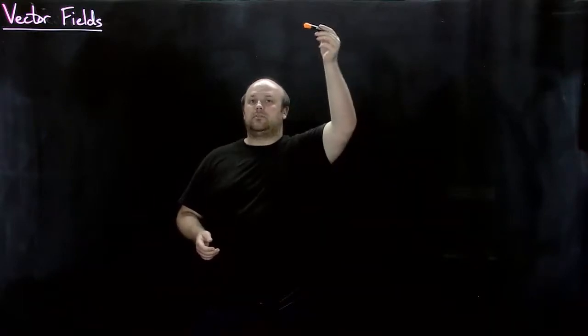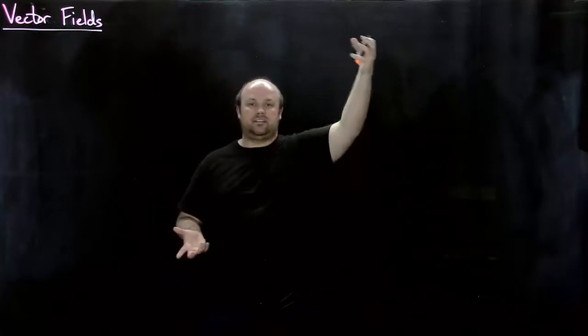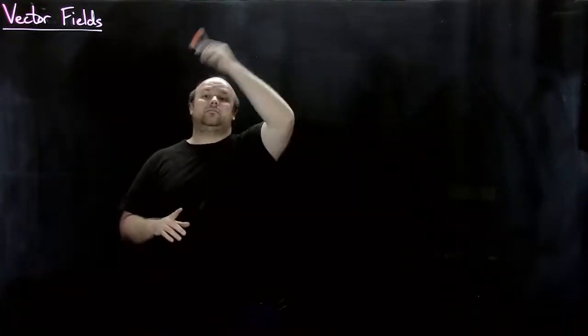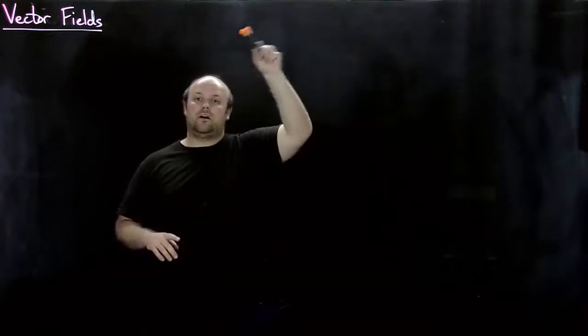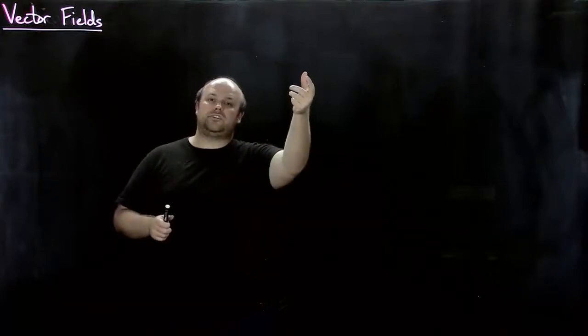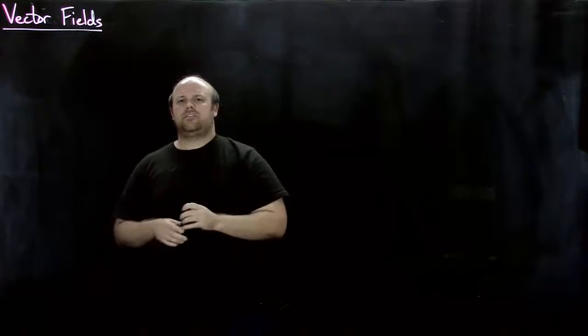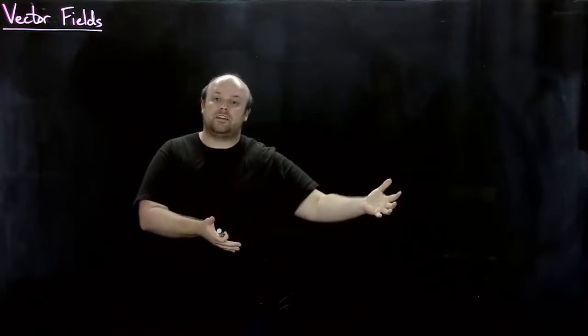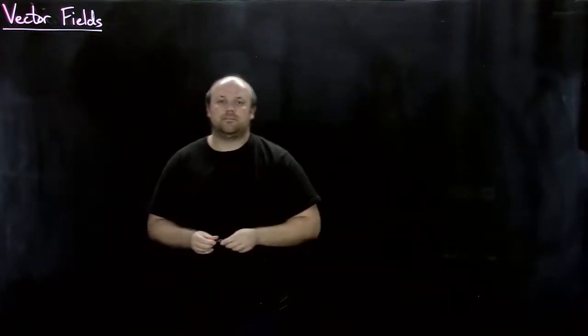And it doesn't matter where around in space it is, it's going to pull according to the masses of the sun and the object and the distance between them. It describes something on all of three-dimensional space, and then it gives you a direction in which it's pulling it in three-dimensional space. So we need a function that's going to take three variables and give us a three-dimensional vector. And this is where vector fields come in.